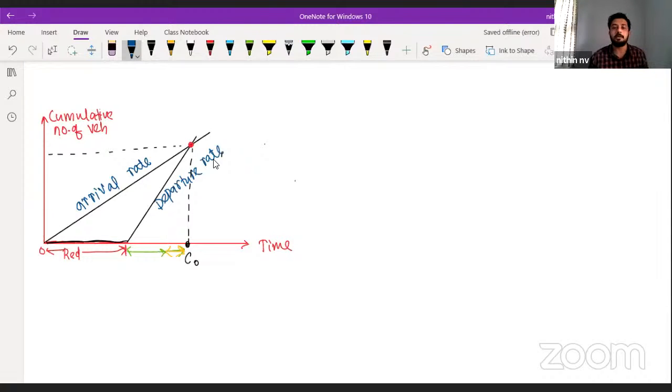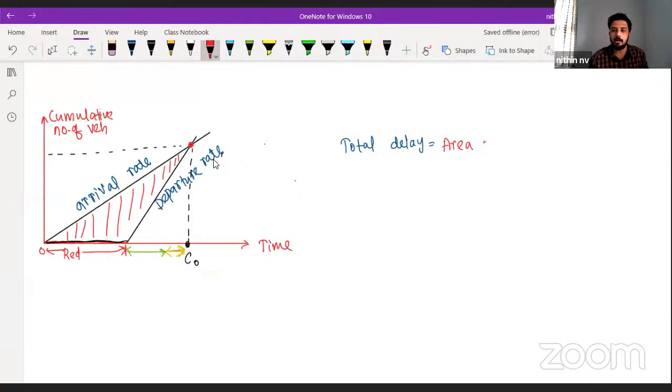If they are asking for the total delay, we take the area of the portion between the arrival rate and departure rate lines, whether it intersects before C naught, at C naught, or after C naught. The area between those two lines gives us the total delay.